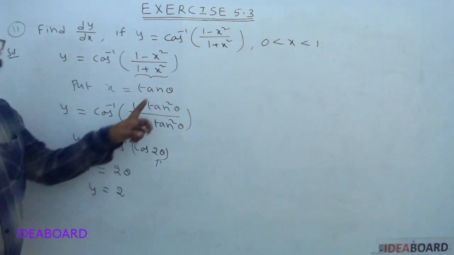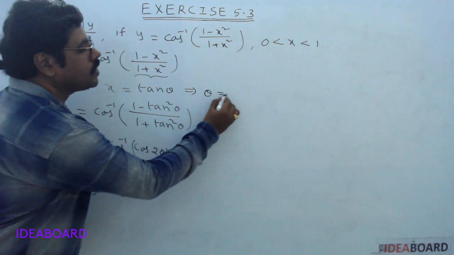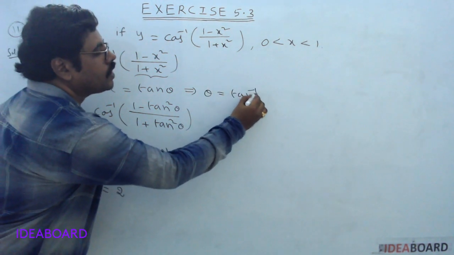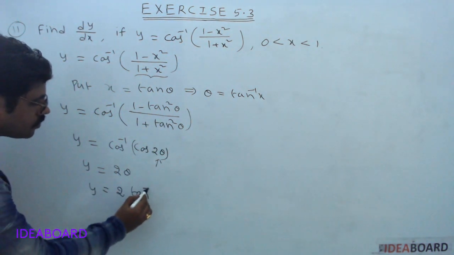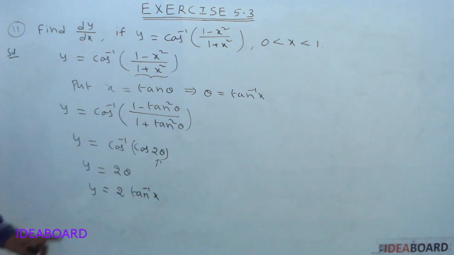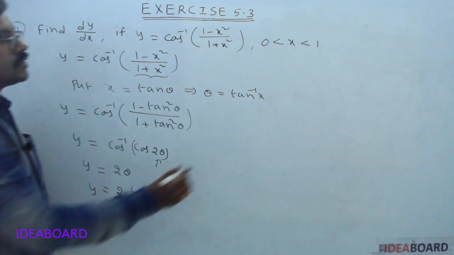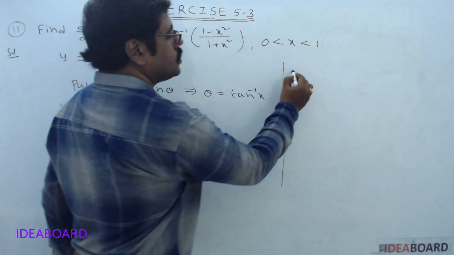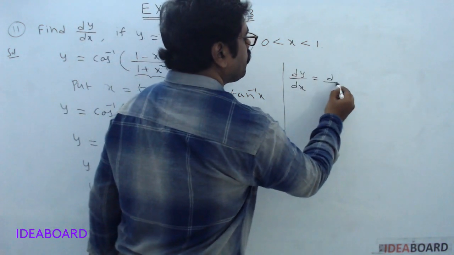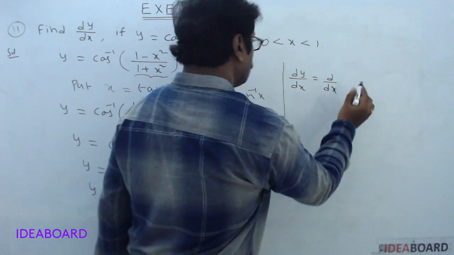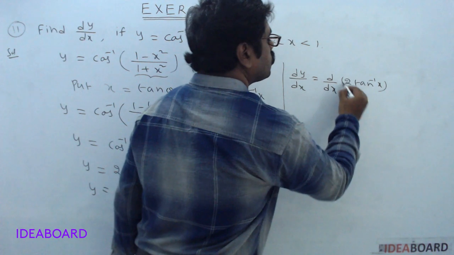What is the value of theta? Here x equals tan theta. From this theta equals tan inverse x. Now differentiate this equation on both sides with respect to x. So dy by dx equals the derivative of 2 tan inverse x.